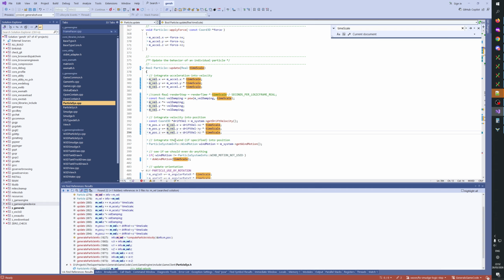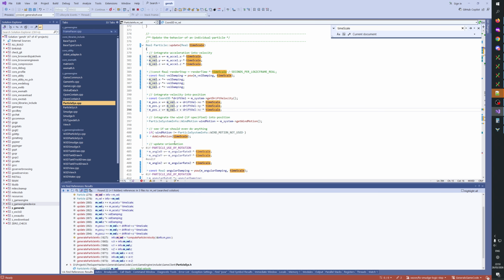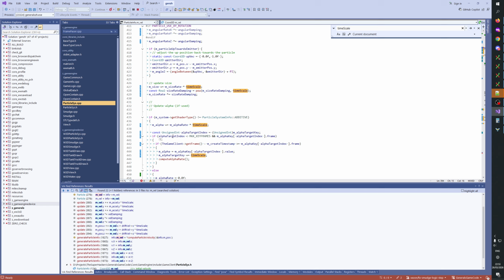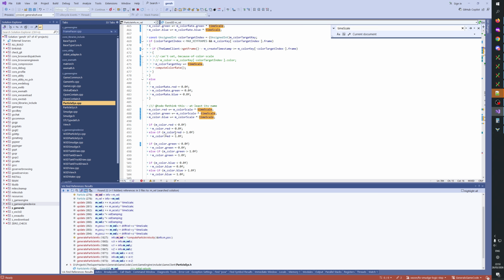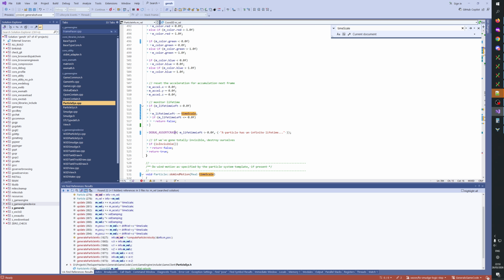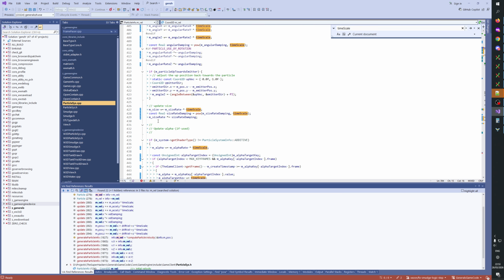Drift velocity. Apply time scale. Okay. I think there's something wrong here. Take a look at the size rate. Where's that here?